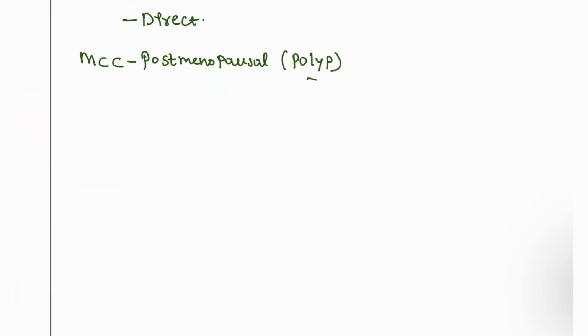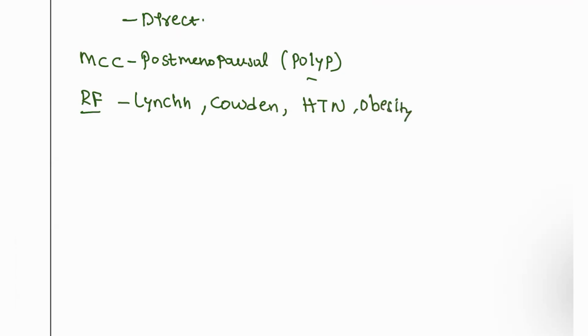Next, what are the risk factors? The risk factors are usually Lynch syndrome or Cowden syndrome. Even hypertension, obesity, smoking, and those having more estrogen exposure, like early menarche or late menopause, can be seen.